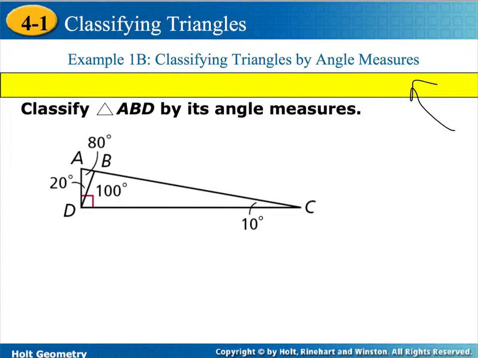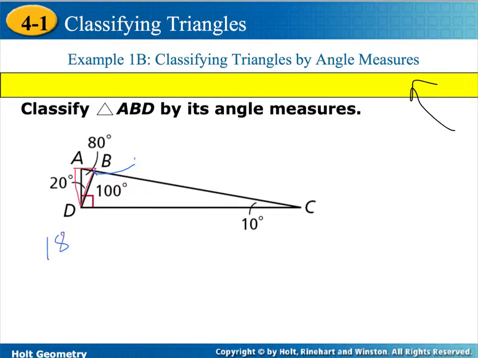All right, so we have an ABD triangle, and that's this small one right here. We have an 80-degree angle and a 20-degree angle. Well, what do you think this corner right here would be? We know that a triangle adds up to 180 degrees.